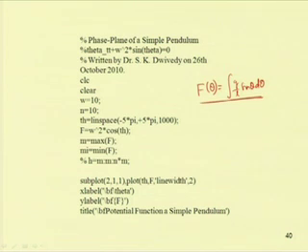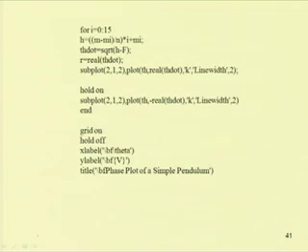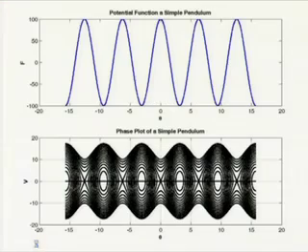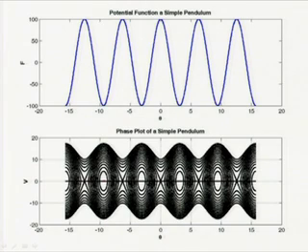One can similarly find the theta dot term, and if one plots it, this is the potential function and the resulting phase plot for the simple pendulum. These are the center points and these are the saddle node points, plotted for different angular positions of the pendulum.